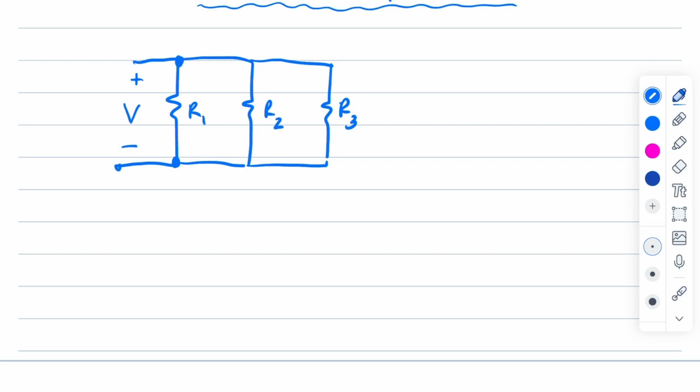So the voltage drop across R1 would be V. Across R2 is also V. Across R3 is also V. So in other words, as I mentioned before, the nodes at the top and the bottom are in the same place.